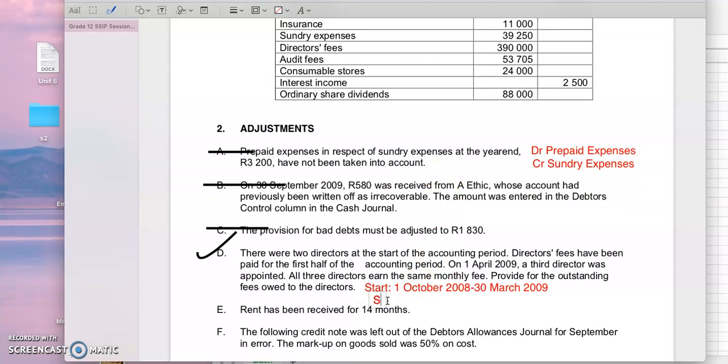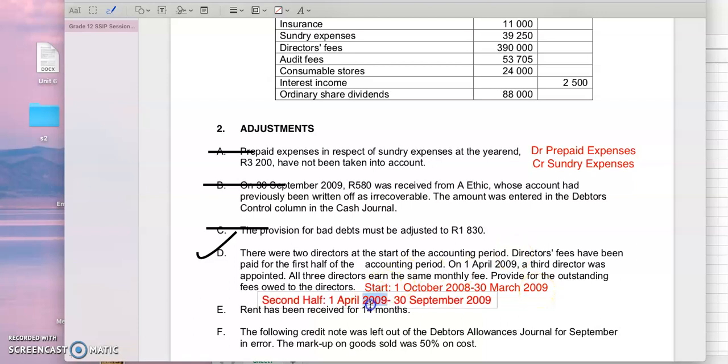So the second half of the year is from the 1st of April 2009 to the year end, which is where we are right now. Okay, so we have to calculate what each director was earning, and we said each director earned 195,000 Rand for 6 months.